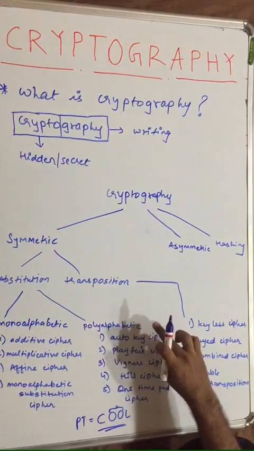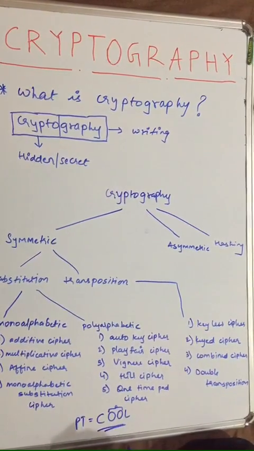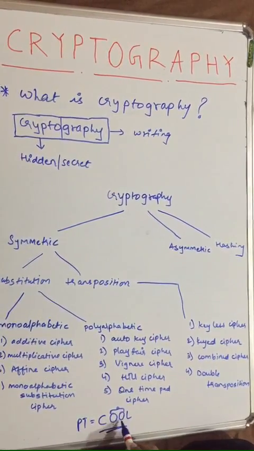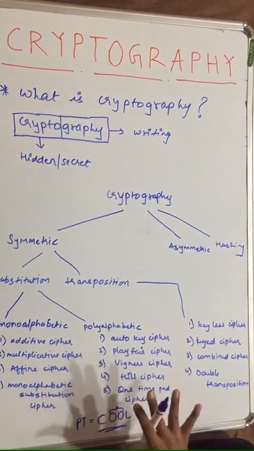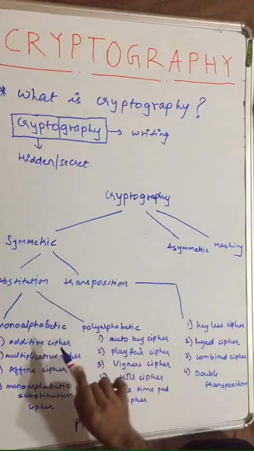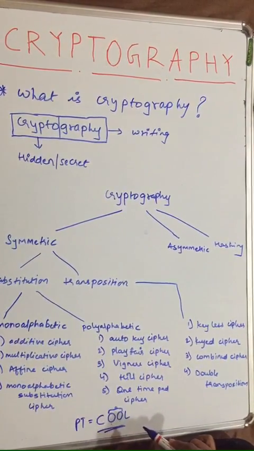But if we are using a polyalphabetic cipher method, then the ciphertext values of both these O's will be different. So this was a basic general idea about what is symmetric, asymmetric, and what we would be dealing with in monoalphabetic and polyalphabetic. Okay, thank you.